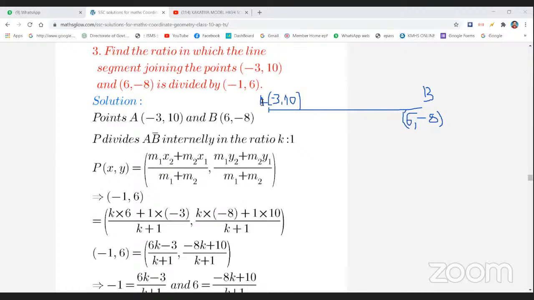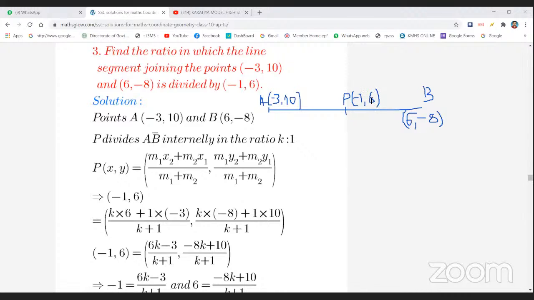Now, one more thing is (minus 1, 6) is the dividing point. It is considered as P. So P is given by (minus 1, 6).